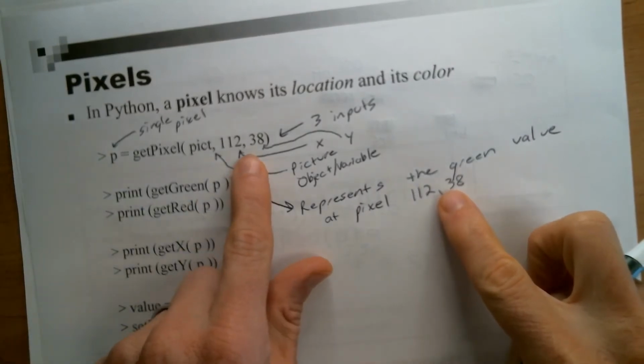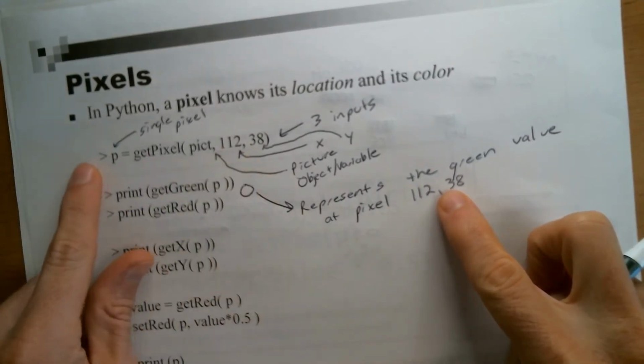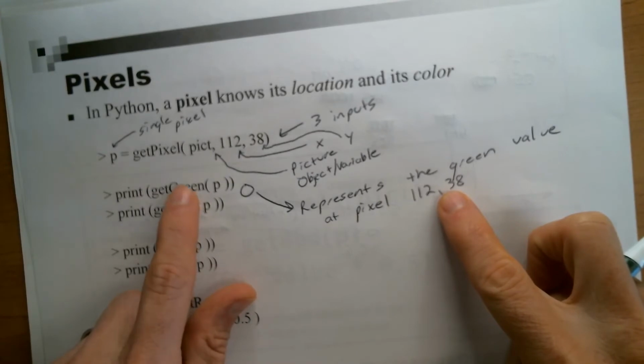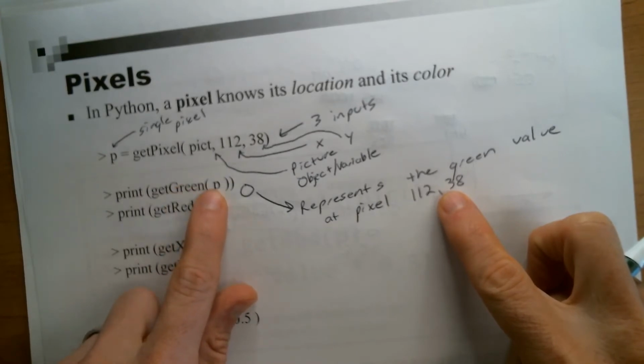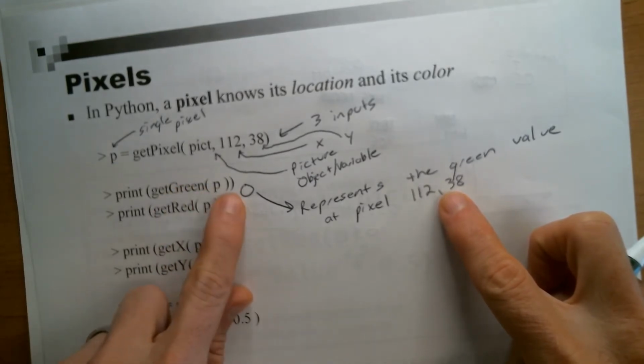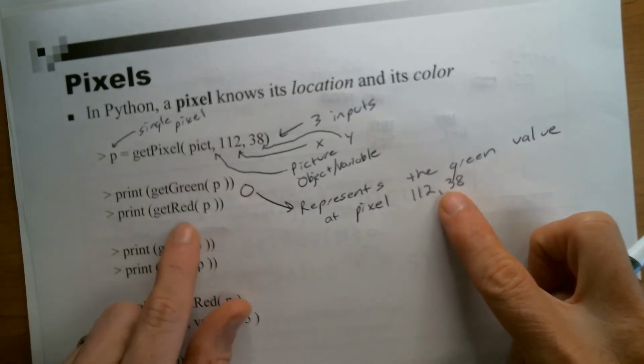We requested that pixel, we stored it in P. This is another function that only requires one input. The input is a pixel. So we're sending this function a pixel, and then it's returning the green value at that pixel.